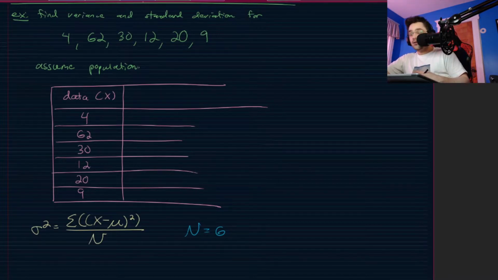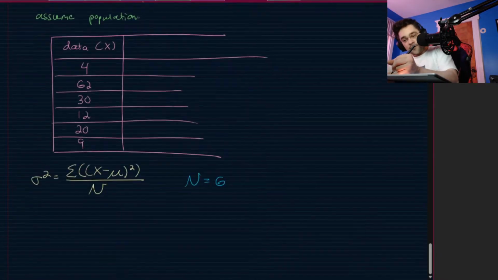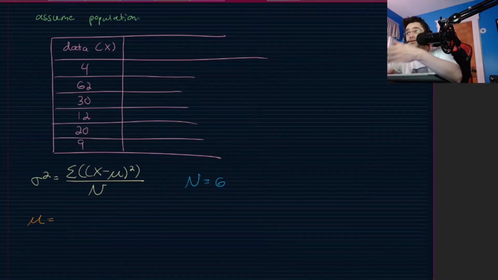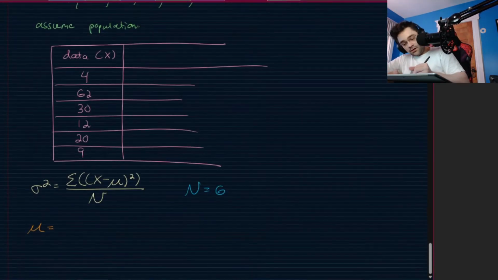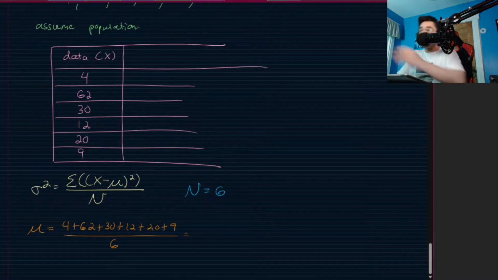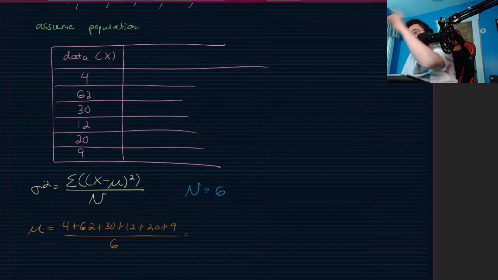It's the mean. And we have our formula for the mean. Remember, we just add the data values up, divide by the number of data values, which in this case is 6. So it's 4 plus 62 plus 30 plus 12 plus 20 plus 9, whatever that numerator ends up being, all over 6. You have to do all the numerator addition first, then hit enter, and then divide by the denominator.